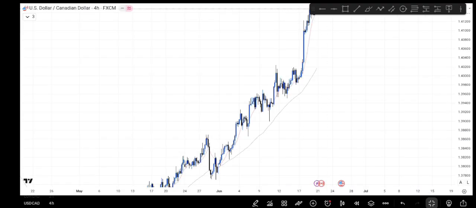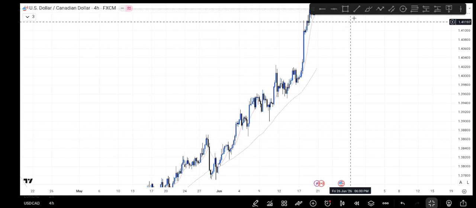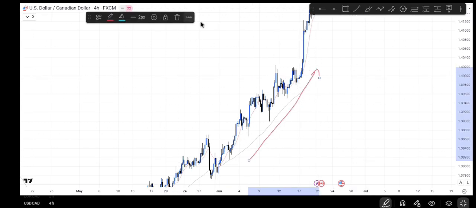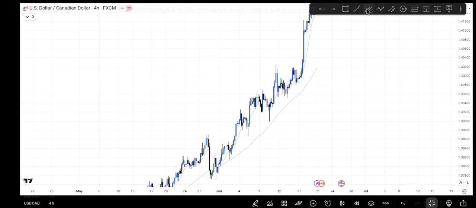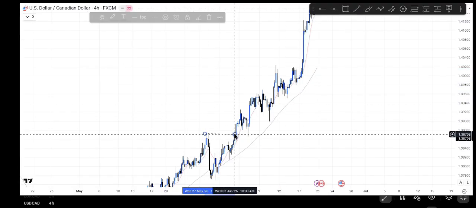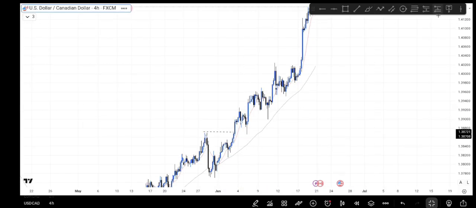So guys, if you look at this, you notice that the market is buying. The market is on a strong buy move, and we only want to be taking buy trades. I notice there was a break of structure here. It broke this high, then formed a higher high.